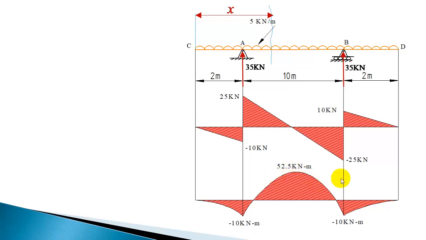This peak may have a maximum value of bending moment, and in this case it is coming maximum. It can be minimum if the curve goes like this, and you may have a peak with a very small negative value. That is also possible, but the peak may happen to be the highest bending moment or maximum bending moment. So always, wherever shear force crosses the x-axis, there you should calculate the bending moment.